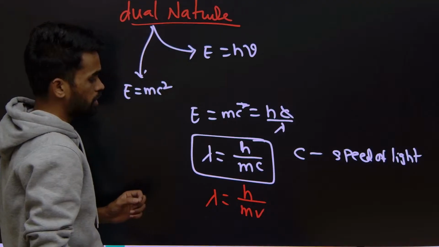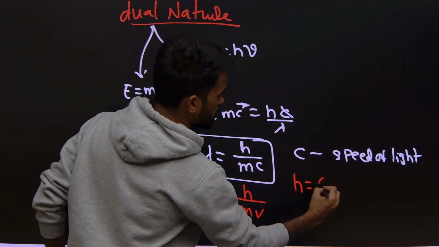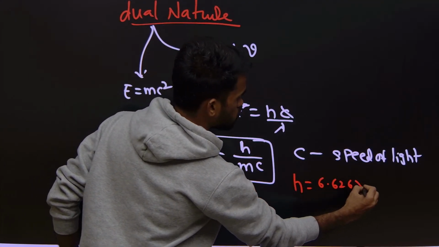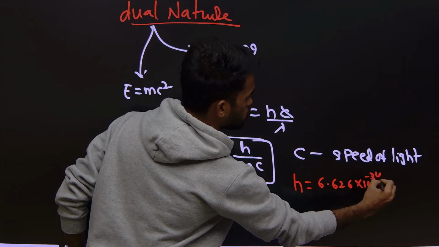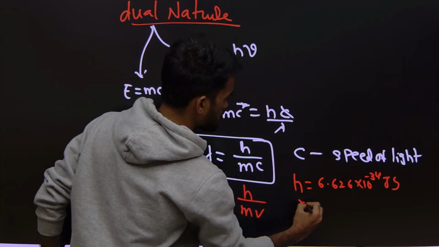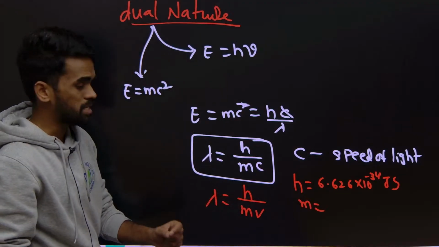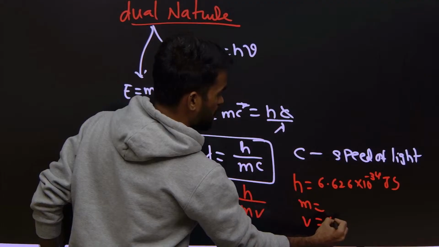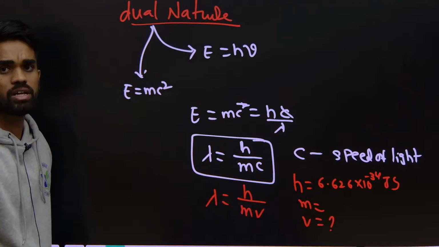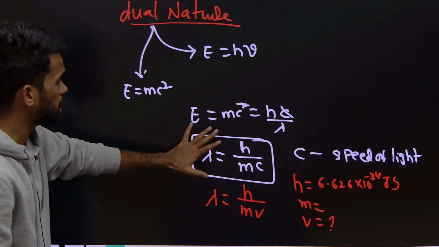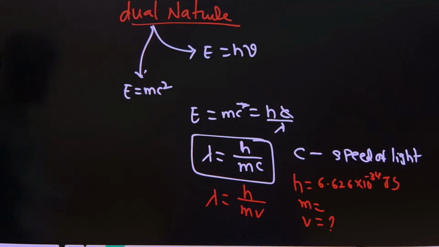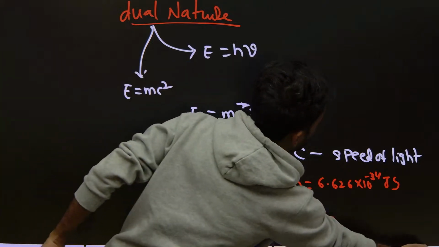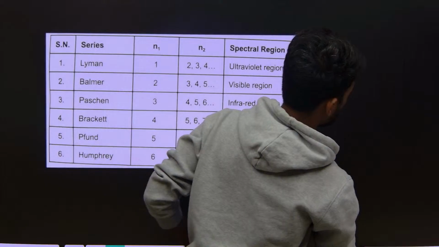Here h is Planck's constant, 6.626 into 10 power minus 34 joule second, m is the mass of the particle, if it is an electron you can take the mass of the electron, and v is the velocity of that particle. This is what we need to consider here. Hope this is clear. Now let us see one question to make it more clear. Look at this question we have.